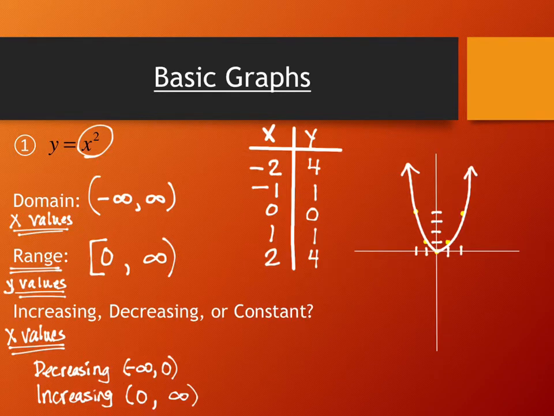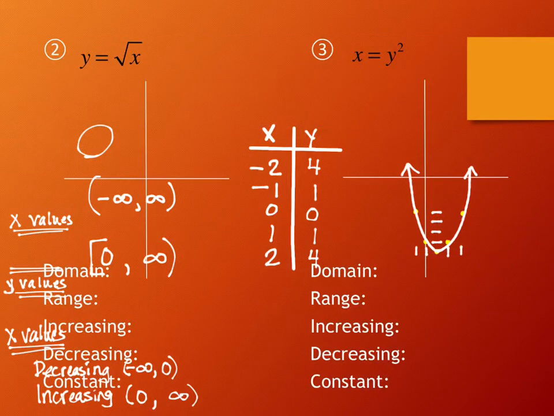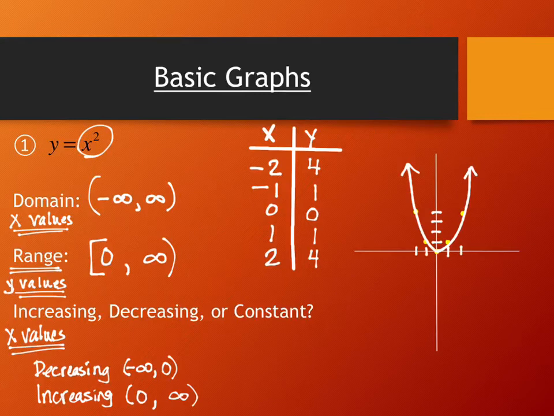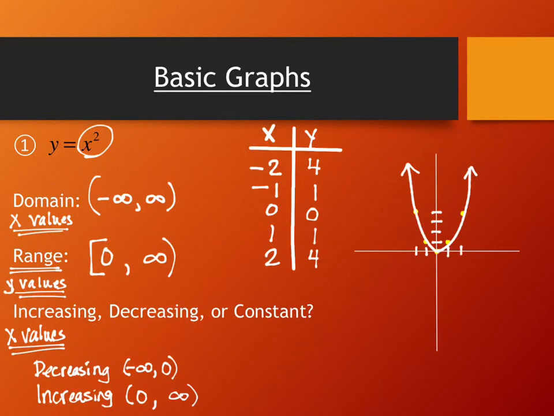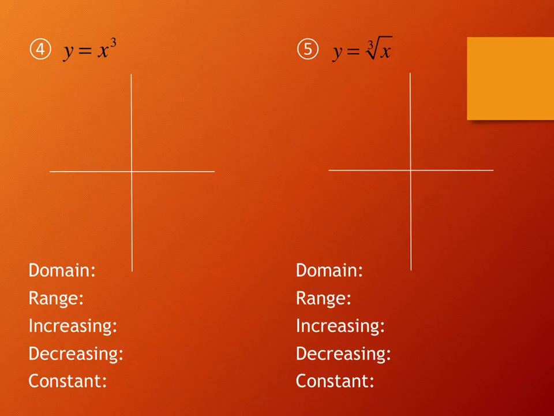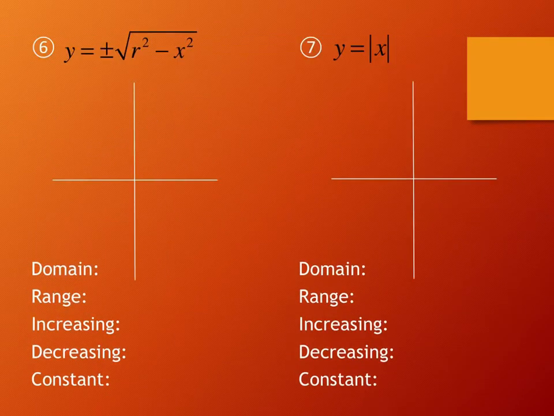Okay, is this one okay for x squared? Okay, next graph. Okay, I don't know what I just did. There we go. That's not it either, is it? Am I missing a slide? It looks like I am.